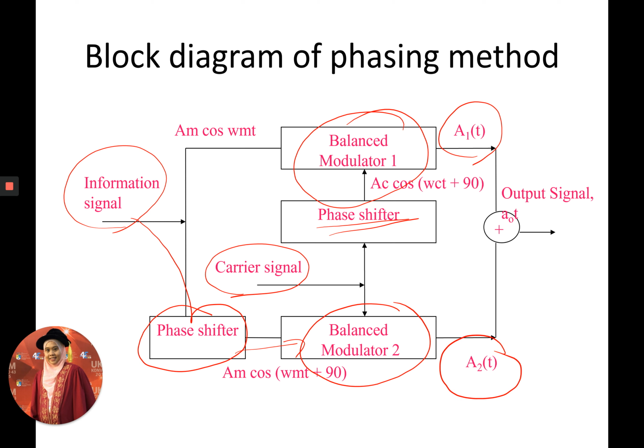So signals A2 and A1 will be combined to be the output signal. One of the sidebands will be eliminated during this procedure. Okay, that is how the phasing method gets only one sideband.